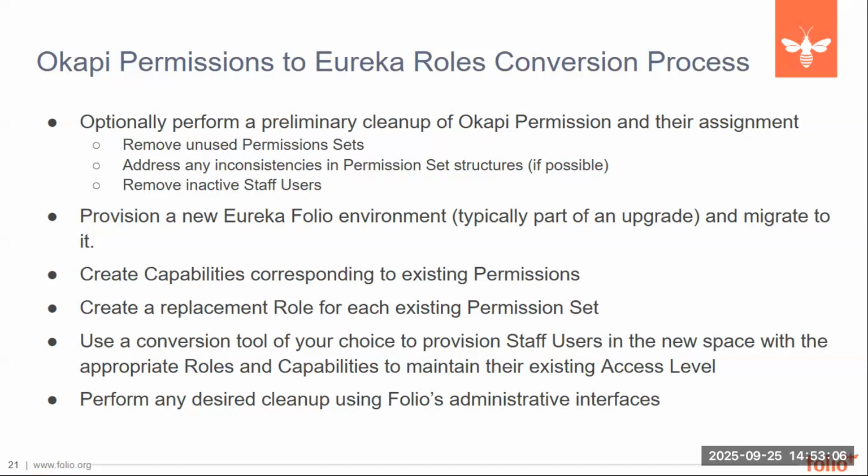One of which I mentioned earlier is this open source Python-based script that we have for doing the mapping. You can then provision staff users into the new system with the appropriate roles and capabilities configured to match what they have now. And then finally, when that's all done, it's not going to be perfect, but it's certainly not going to be a mess.